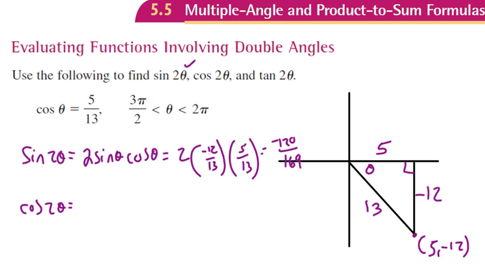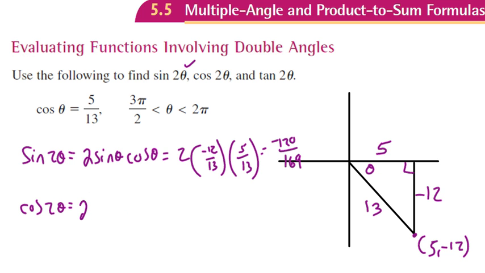Now let's find cosine of 2 theta. What's really cool with cosine of 2 theta is that we have 3 choices. We can use cosine squared minus sine squared, 2 cosine squared minus 1, or 1 minus 2 sine squared. It doesn't matter which one you use. You will get the same answer. I'm just going to use 2 cosine squared theta minus 1, but you can use any of the 3 options.